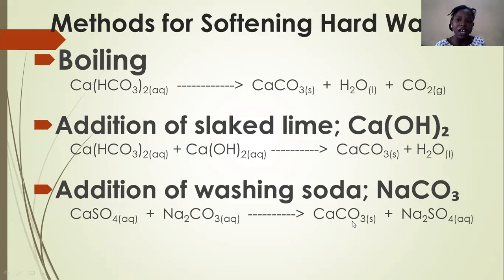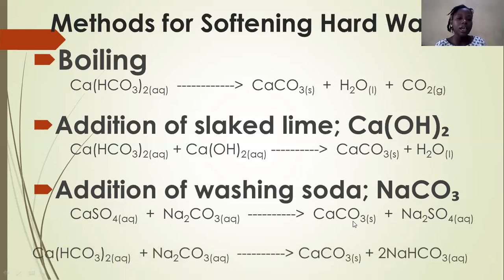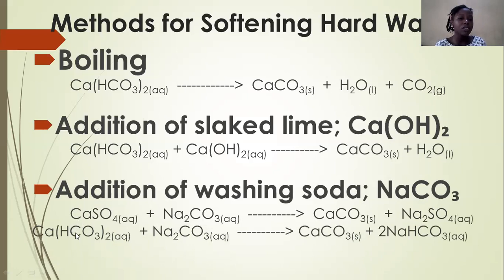You filter it off and then you get your soft water back. Then here you see calcium hydrogen trioxocarbonate(IV), that's for temporary hardness, reacting with washing soda to give calcium trioxocarbonate(IV), which is insoluble, and then you filter it off and get your soft water.